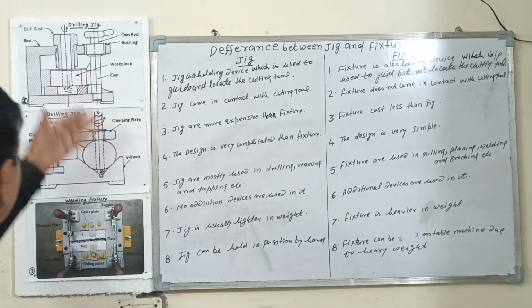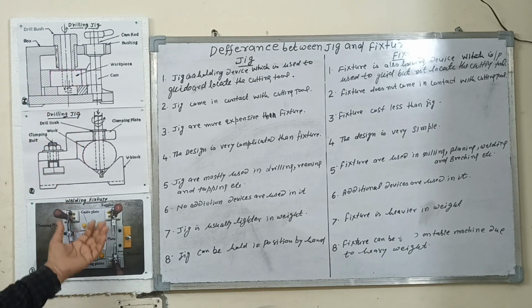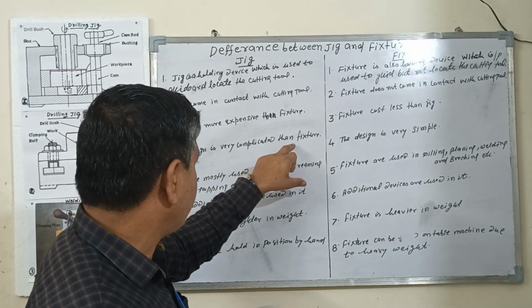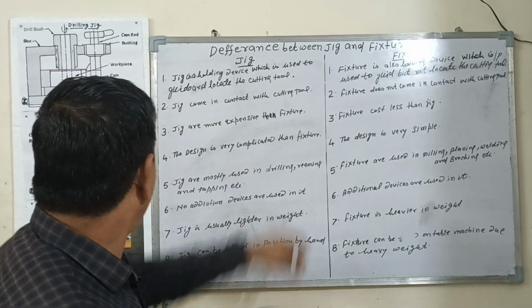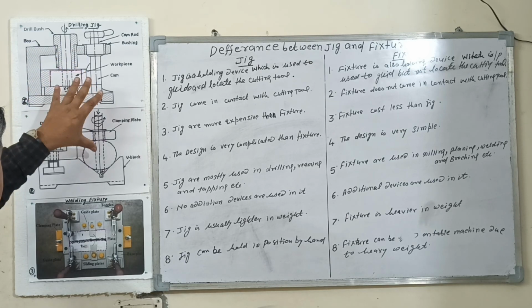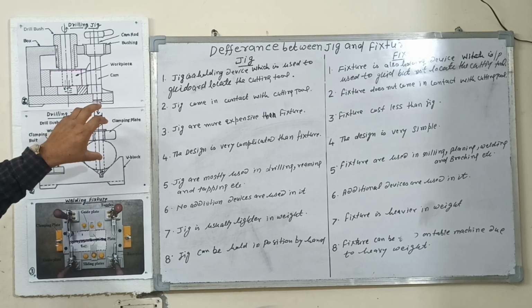These are the figures of the drilling jig. This is also a drilling jig. This figure is a welding fixture. Fourth, the design of a jig is more complicated than that of a fixture.